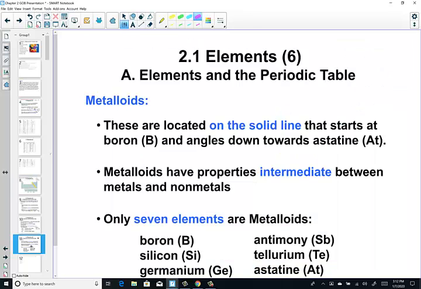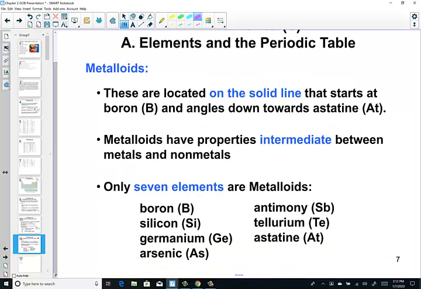So metalloids, there are 7 of them that were shaded. The element boron, the element silicon, germanium, arsenic, antimony, tellurium, and astatine. We're writing those 7 elements that are considered to be metalloids by name and symbol.